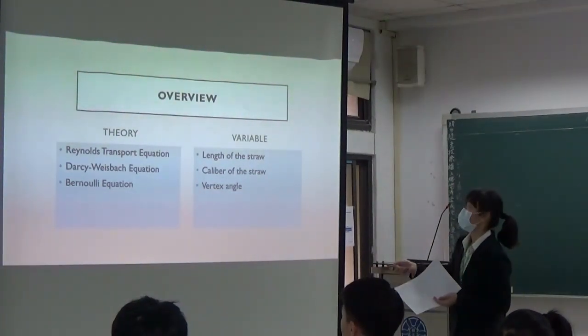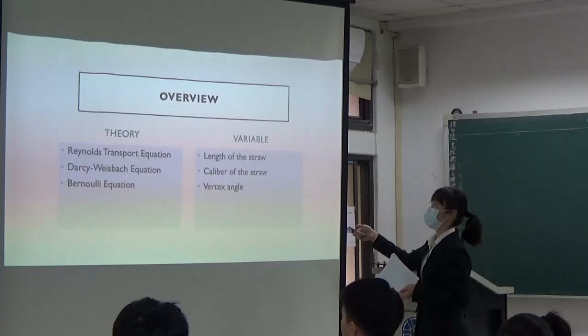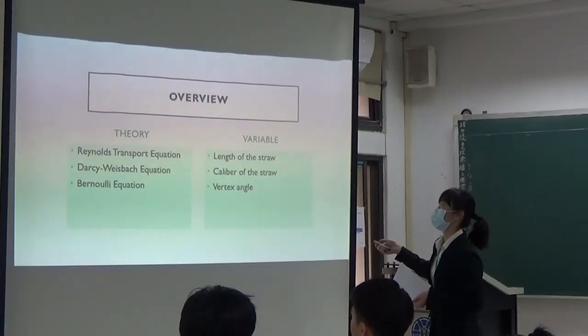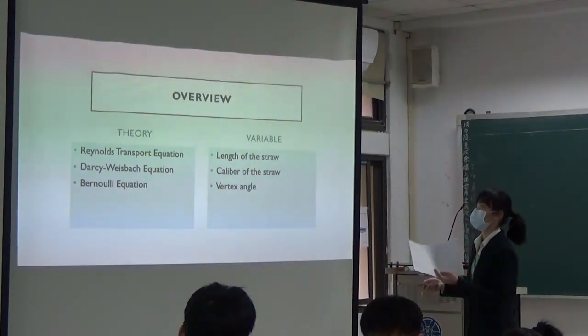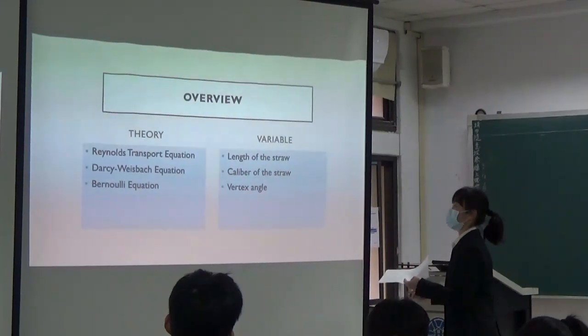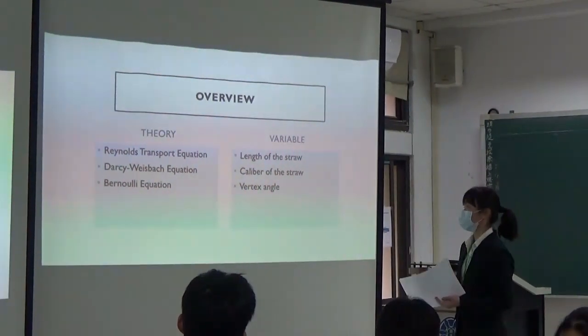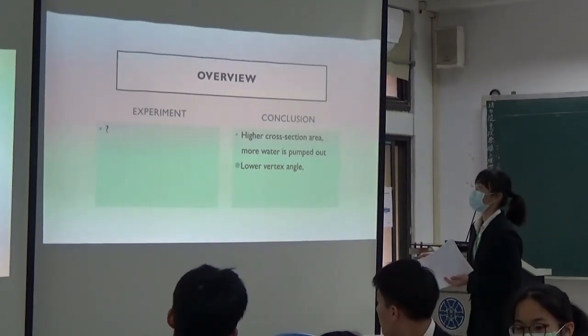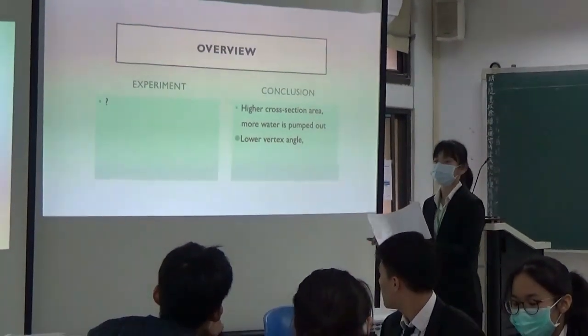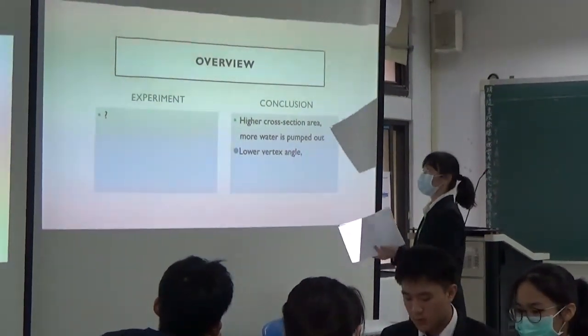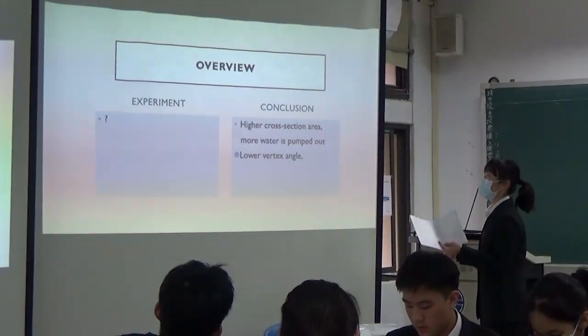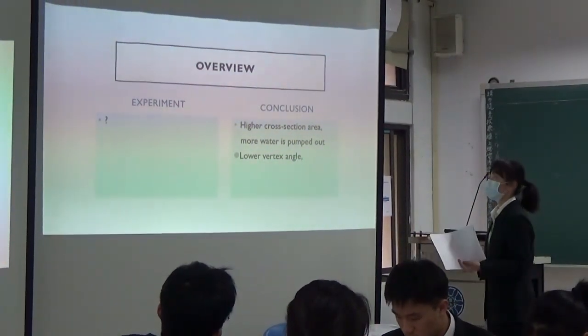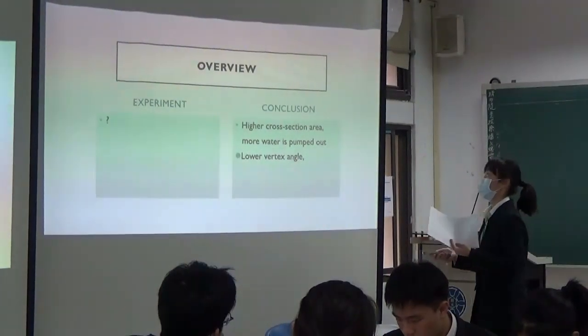And our overview is that first is the theory, the series, and it's like this. And this one is the variables: the length of the straw, the caliber of the straw, and the vertex angle. And for the experiment, I will ask him about that. The conclusion is high cross-section, low water amount, and lower vertex angle.